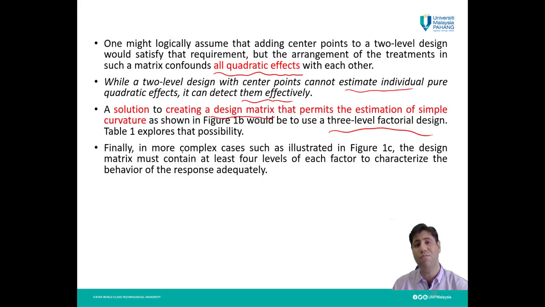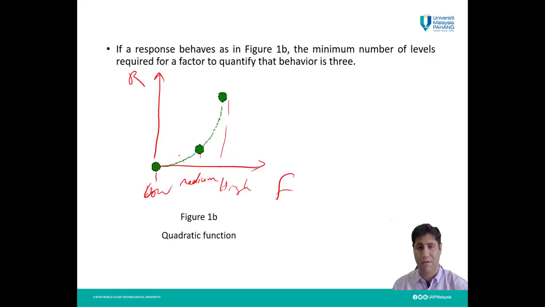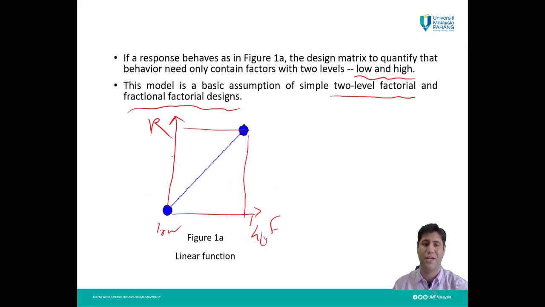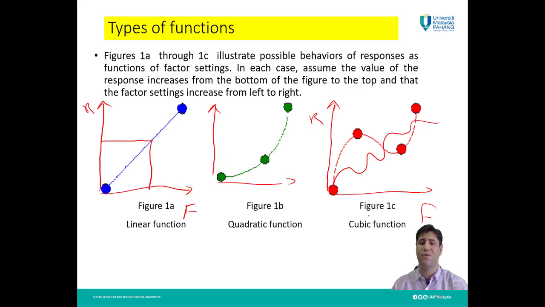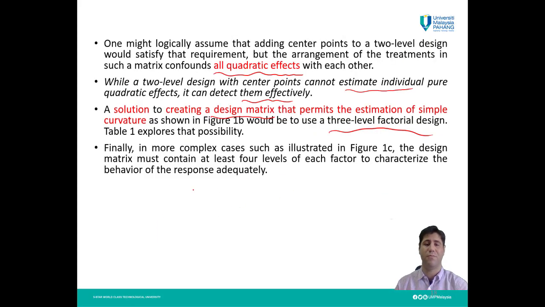But if we have a more complex correlation, like what we have here between the response and factor, what about that case? In more complex cases, such as illustrated in figure 1.3, the design matrix must contain at least 4 levels of each factor to characterize the behavior of response adequately.